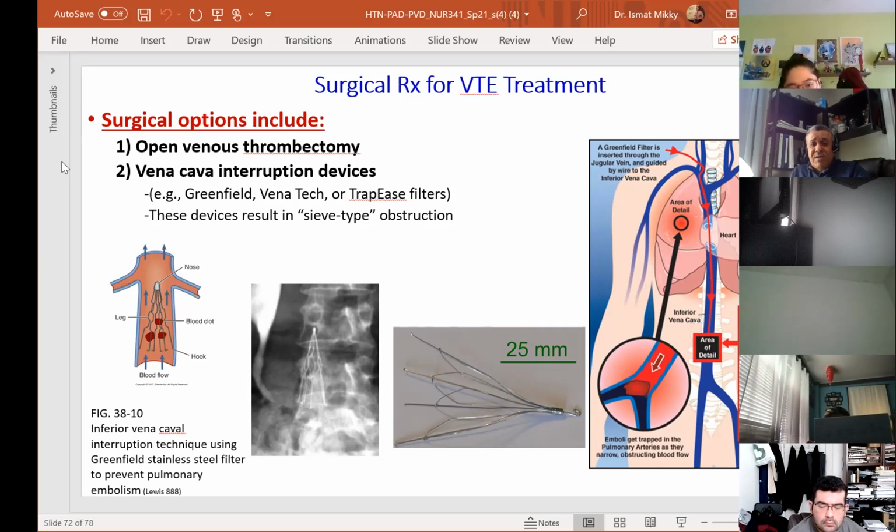Once you implant this filter device, it will trap the blood clot. If there's any blood clot, it will be trapped. It will be inserted percutaneously through the right femoral or right internal jugular veins. That filter device will penetrate the vessel wall. So it's like a trapping kind of device, a sieve type of obstruction. It will interrupt the blood clot from traveling to the vital organs.